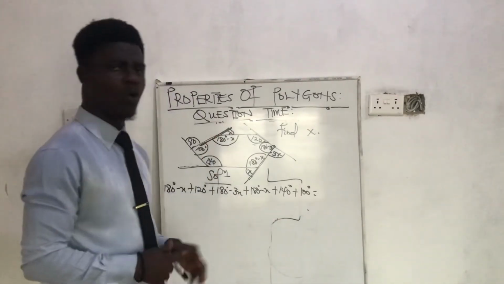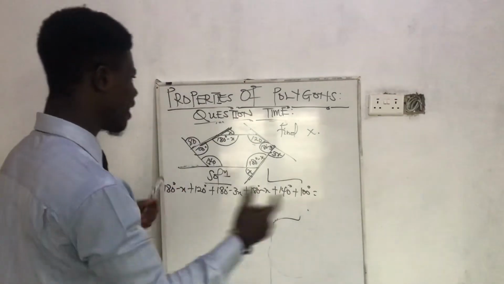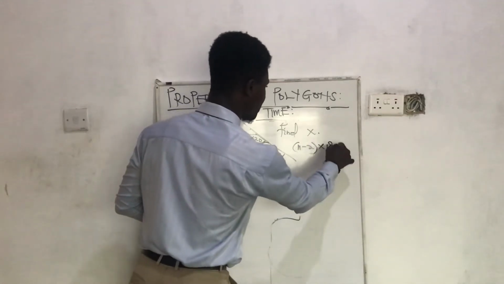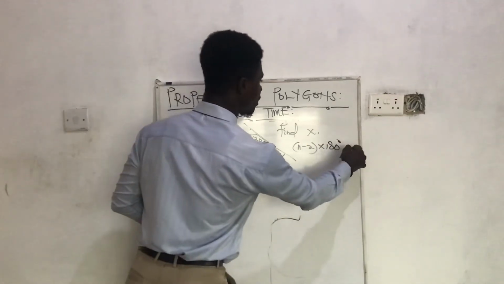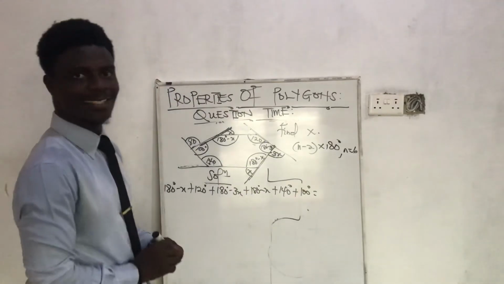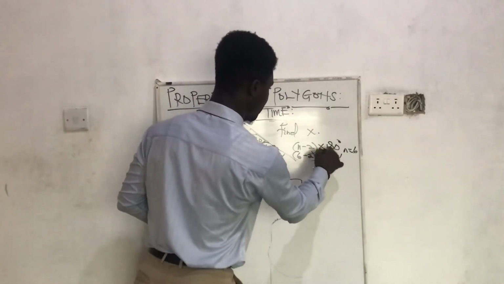Because we are summing all, the sum of interior angles of this hexagon is what? We have to go back and see that n minus 2 times 180 degrees, where n equals what? 6, because 1, 2, 3, 4, 5, 6. That's 6 sides. So 6 minus 2 times 180 degrees.